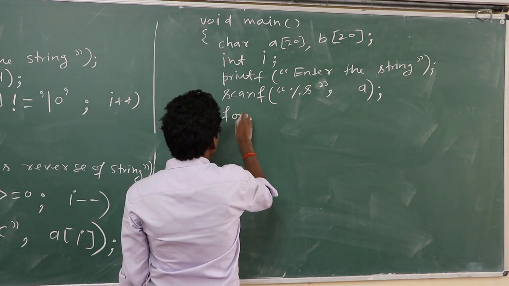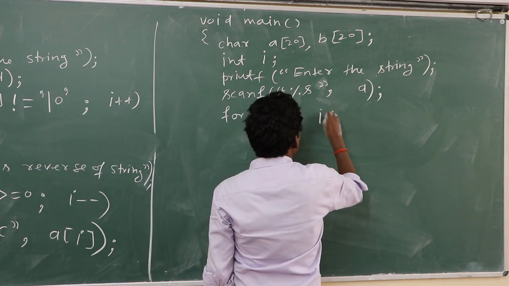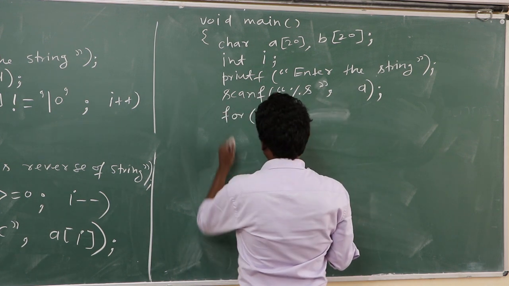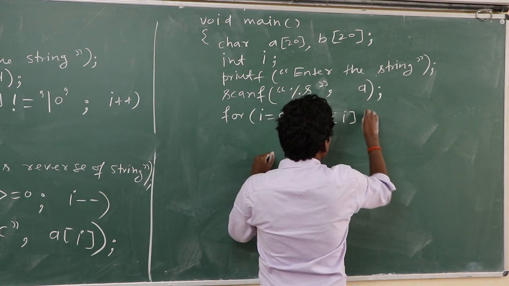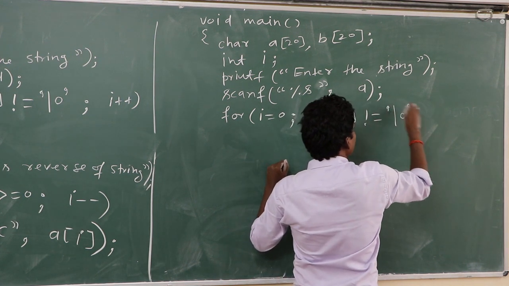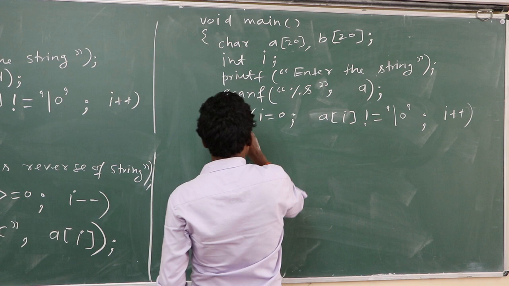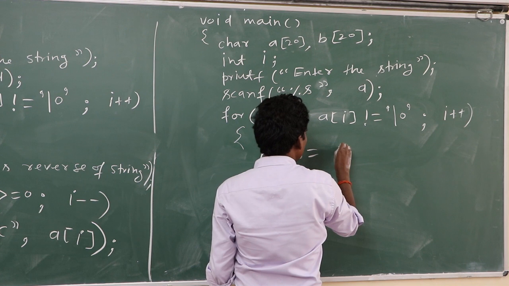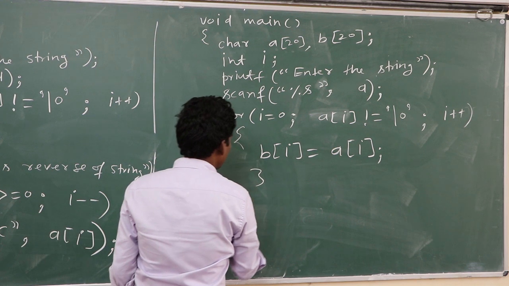Now for I equal to 0, A of I not equal to null character, I plus plus, B of I equal to A of I, and this is closed.